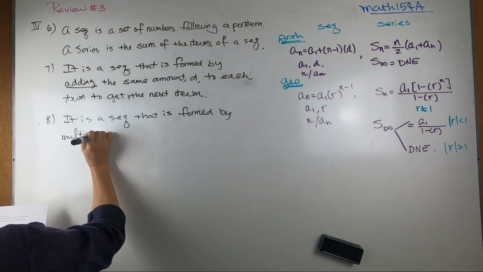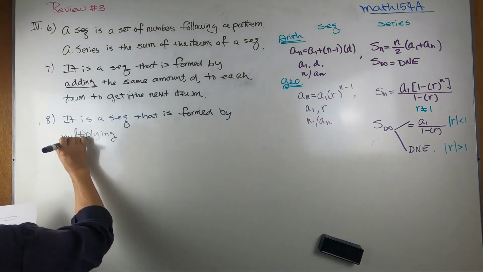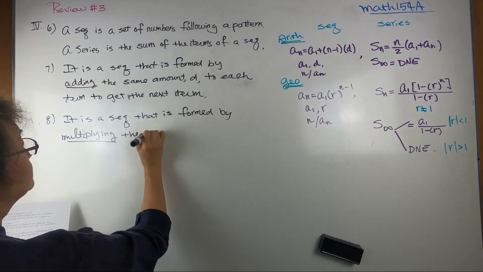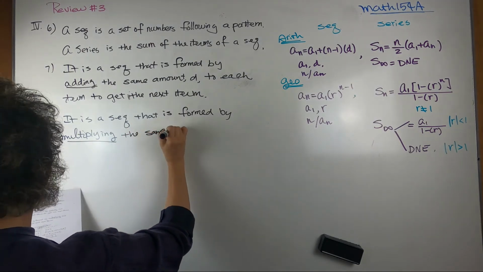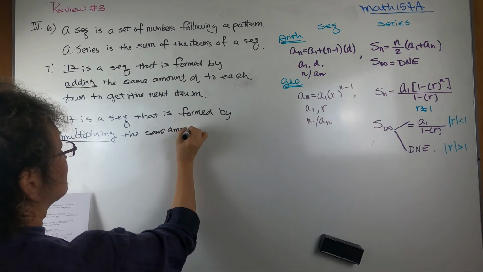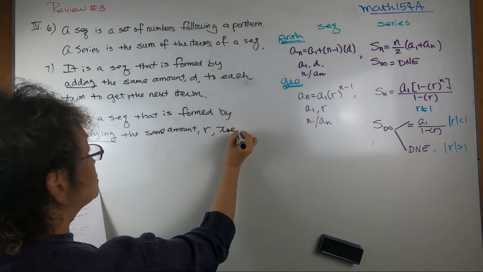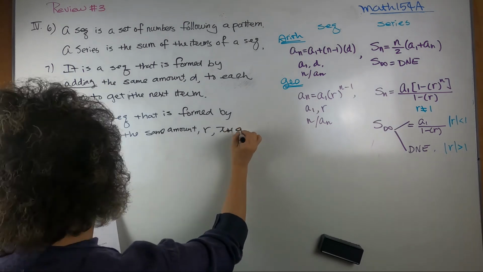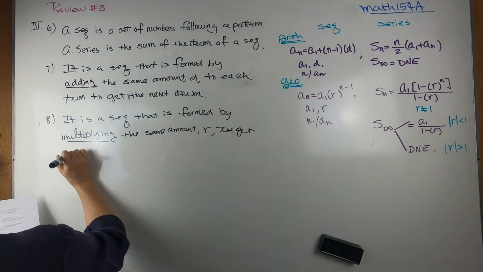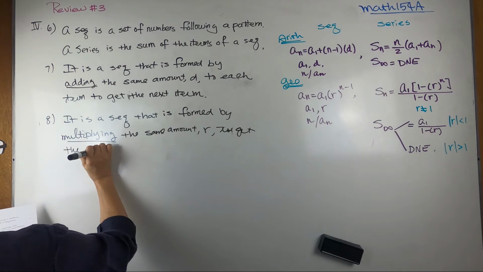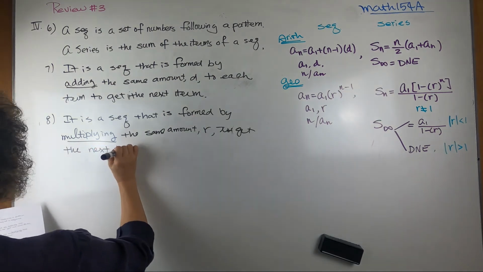Multiplying, right? The same number, we call it R, the common ratio, to get the next term, right?